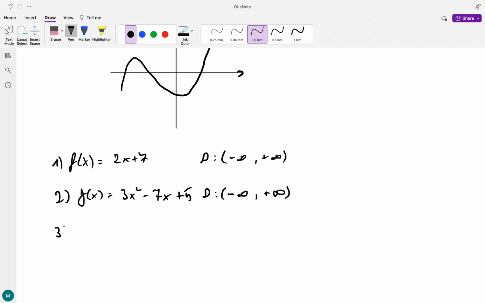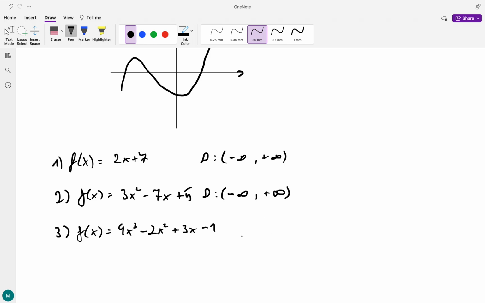In a third case, let's consider a polynomial of a third degree where we have f of x equal to 9x to the third minus 2x squared plus 3x minus 1.